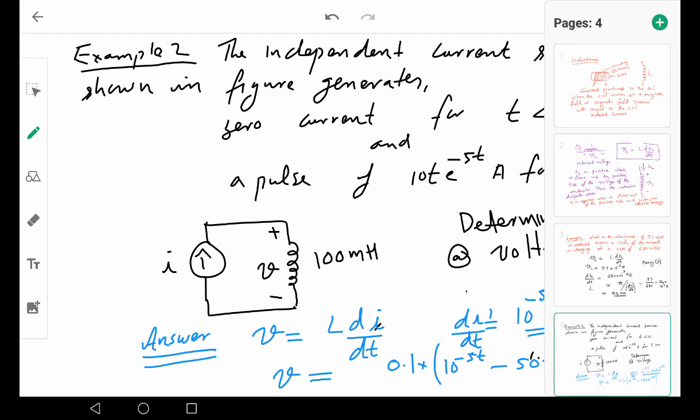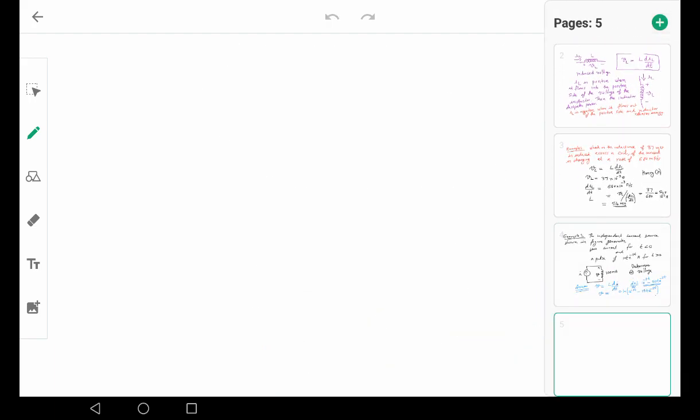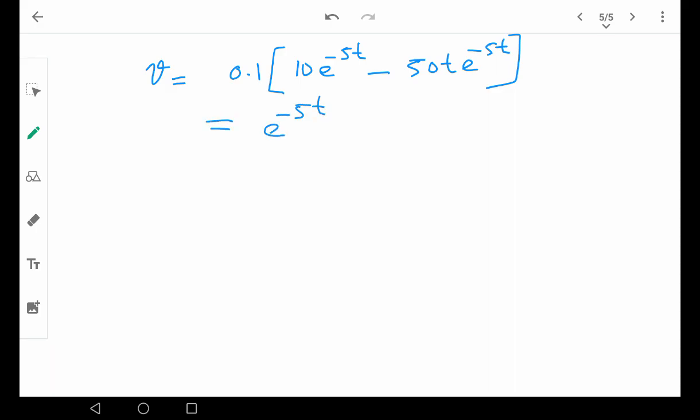So you can write the answer on the next slide. It can be written as V equal to 0.1 into 10 e raised to minus 5t minus 50t e raised to minus 5t, which is e raised to minus 5t minus 5t e raised to minus 5t when t greater than 0.